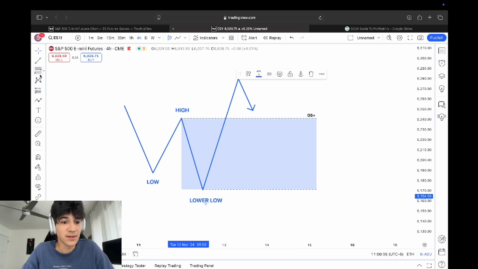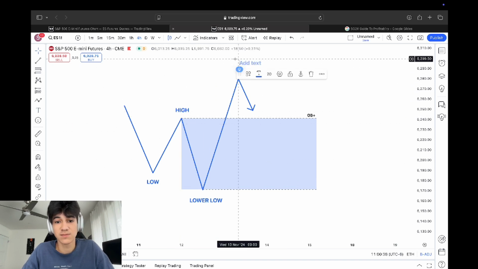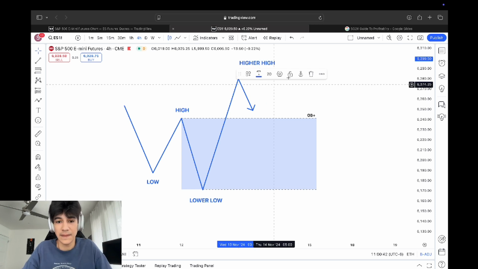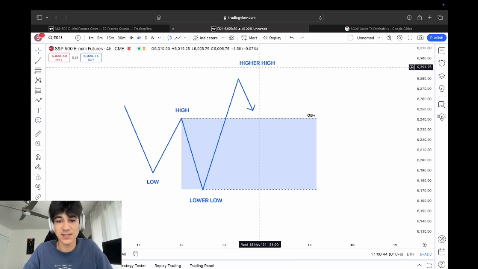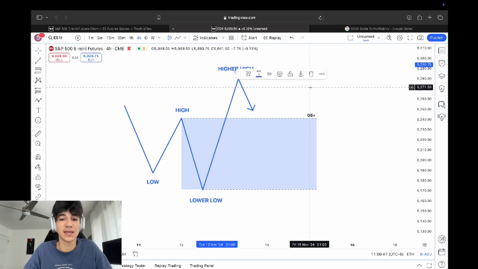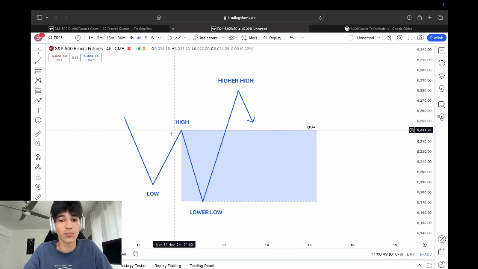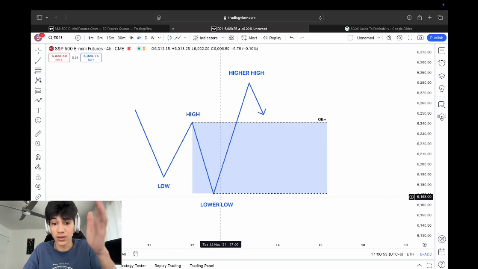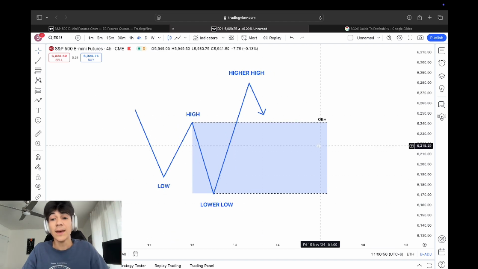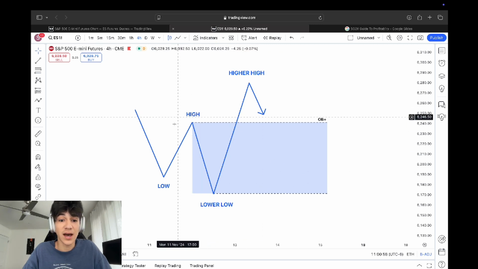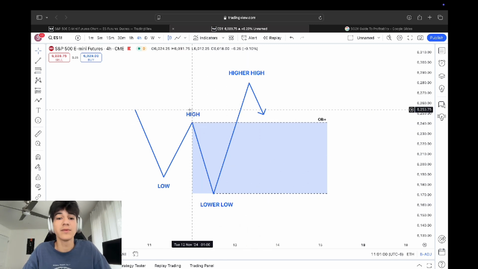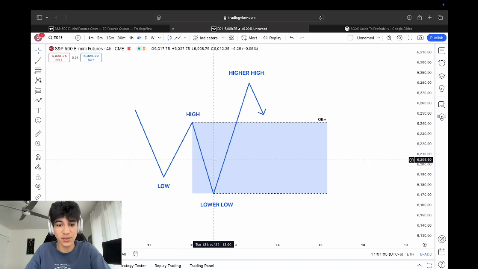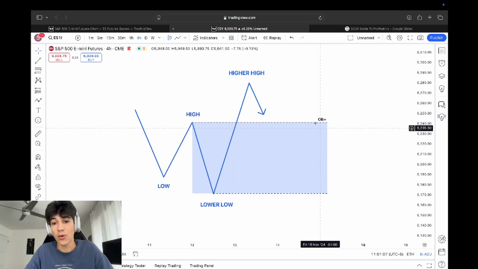And then to finish off this pattern, we have to have a higher high, which is again higher than this previous high. So now that we have a low, a high, a lower low, and then a higher high, from this high to this lower low, from number 2 to number 3, we have an order block.